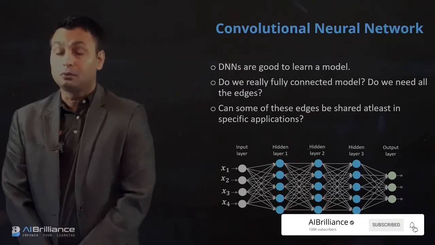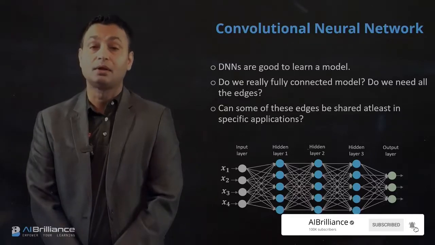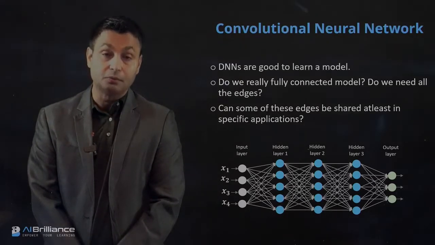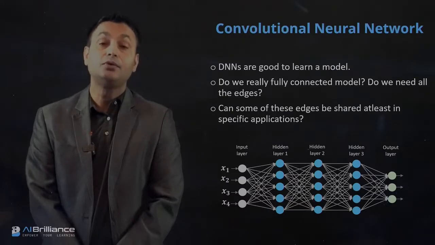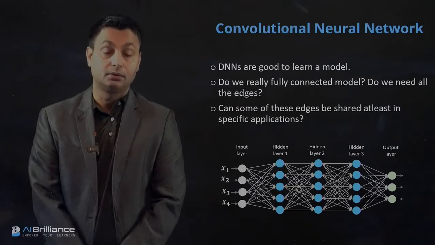Now, one of the challenges with deep neural networks is that they typically have multiple hidden layers, and also multiple neurons in a given layer, and due to that there are typically a large number of parameters, or weights, that we need to tune.